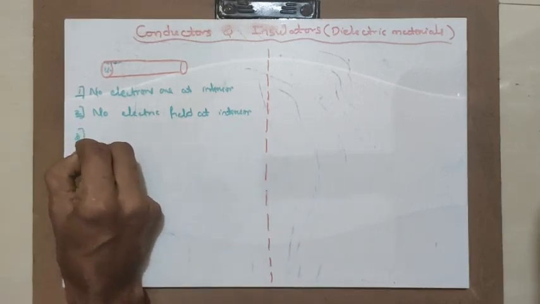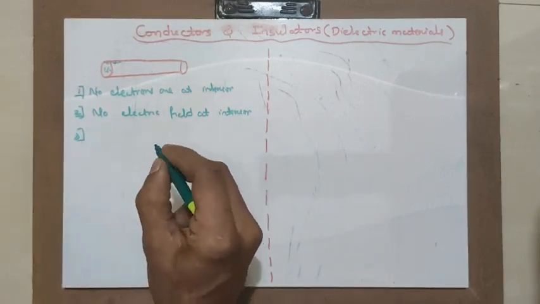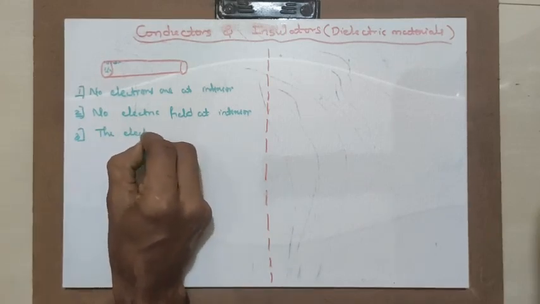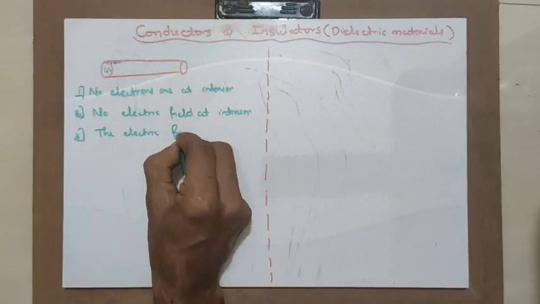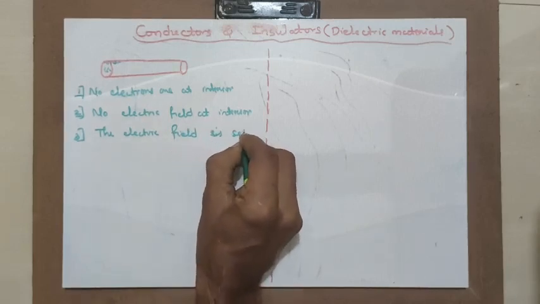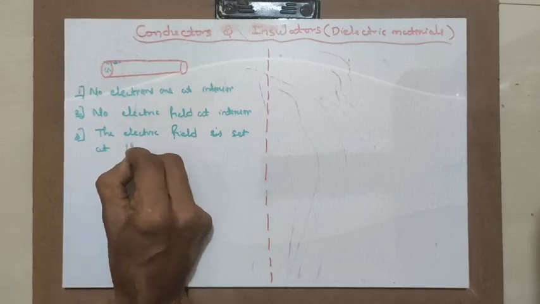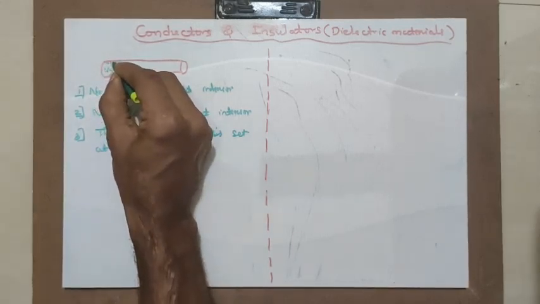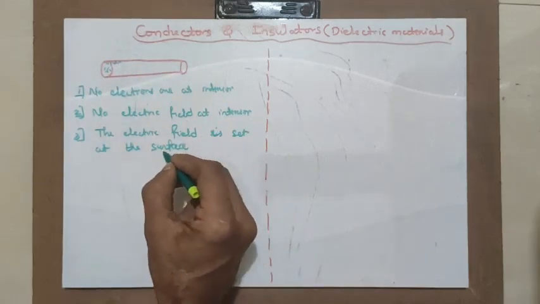Third point is that the electric field is set at the surface, obviously, because all the electrons have moved to the surface. That means electric field is set at the surface.